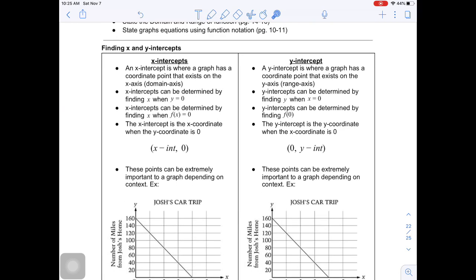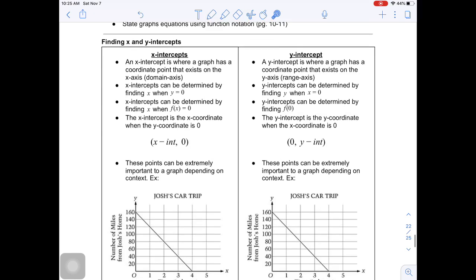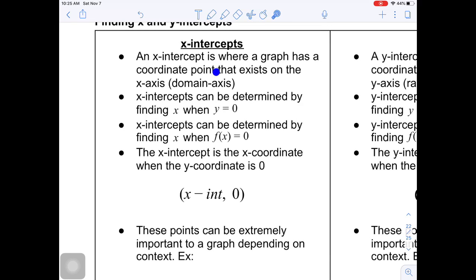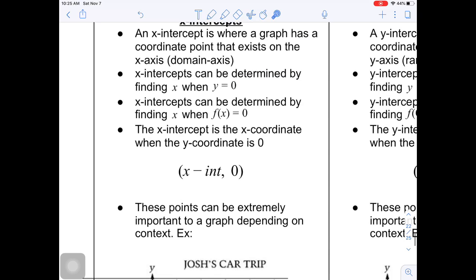So let's find x and y intercepts here. Again, we've already gone through all of this. We went through how to find an x-intercept. An x-intercept is where your graph goes through the domain axis, so the horizontal axis. One thing I want to mention is we are used to seeing this: an x-intercept can be determined by finding x when y equals 0.